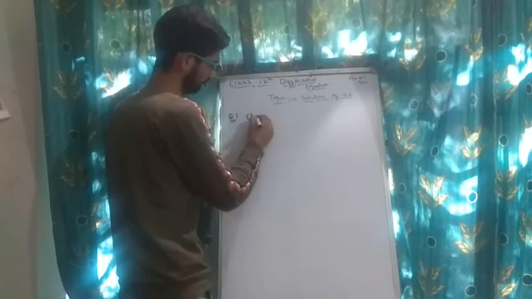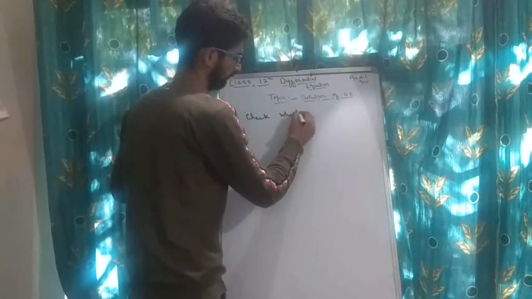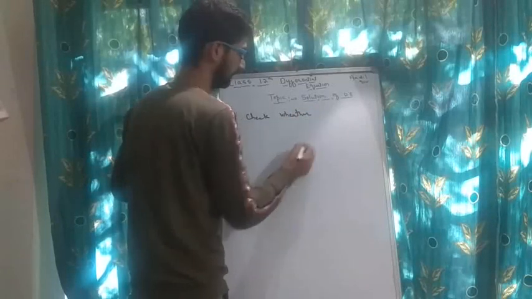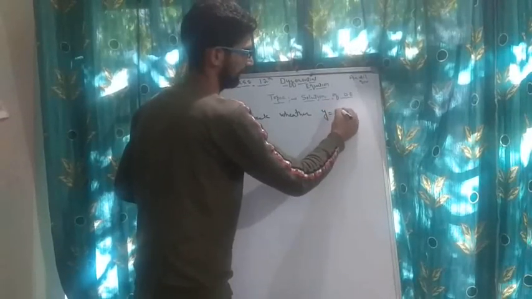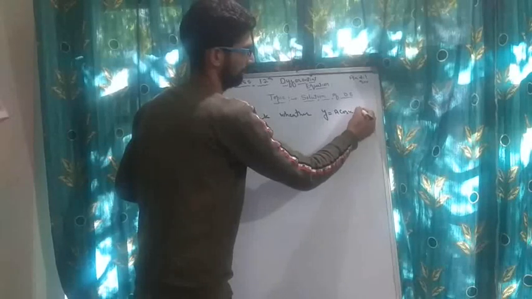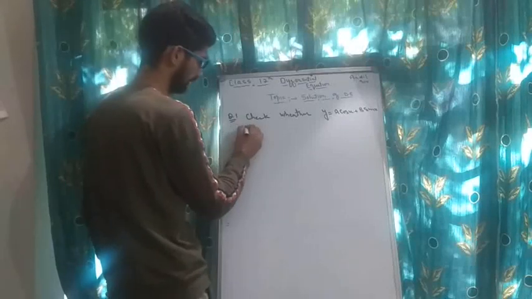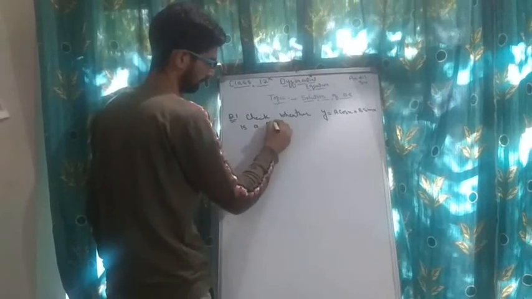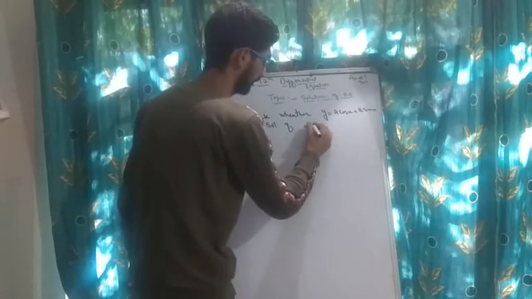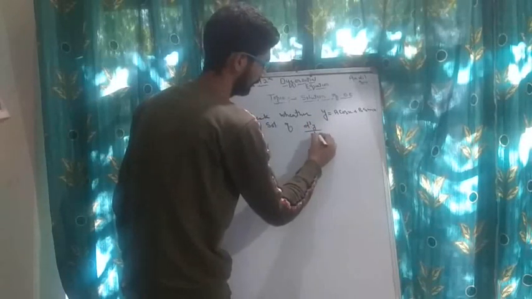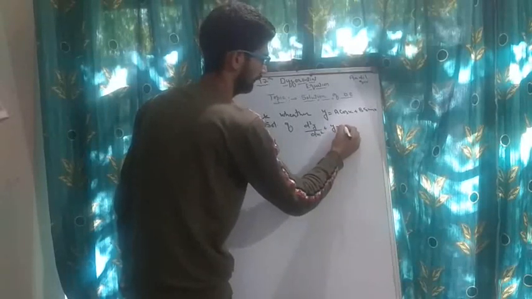Check whether y is equal to a cos x plus b sin x is a solution of d square y divided by dx square plus y equals to 0.